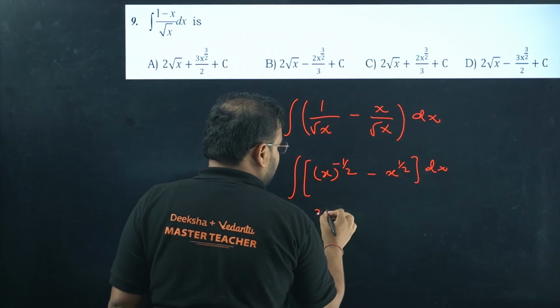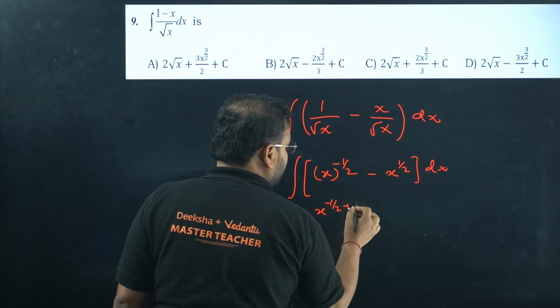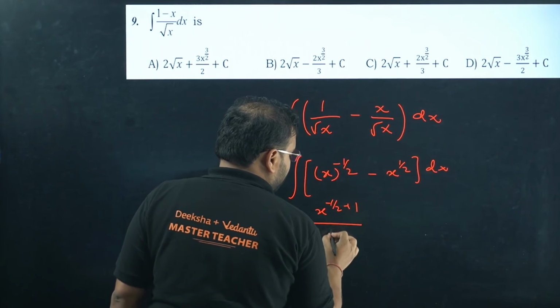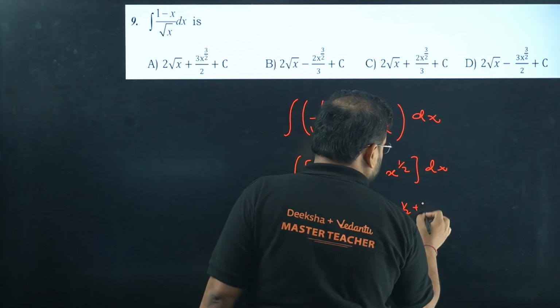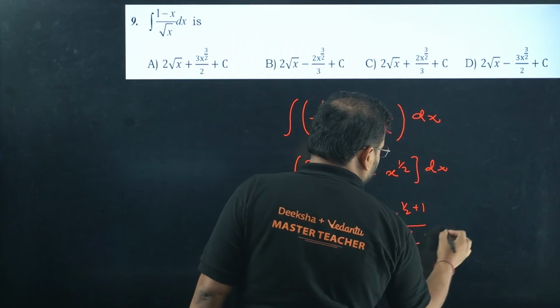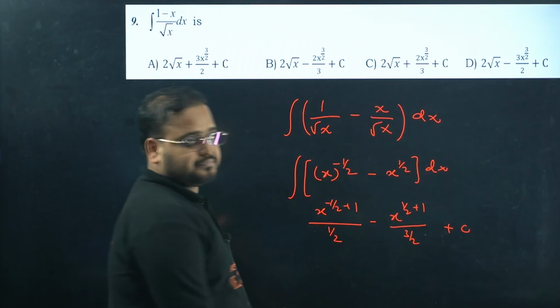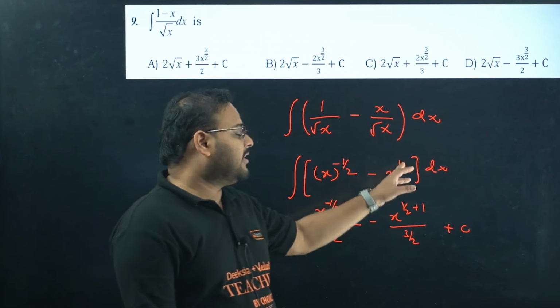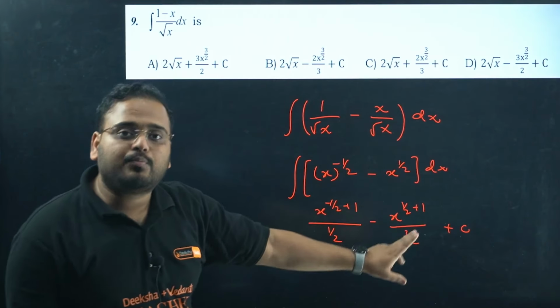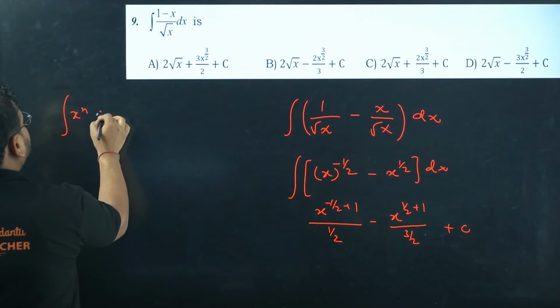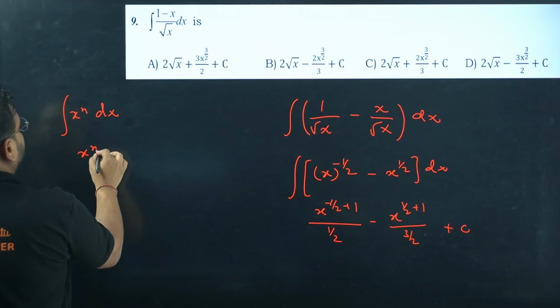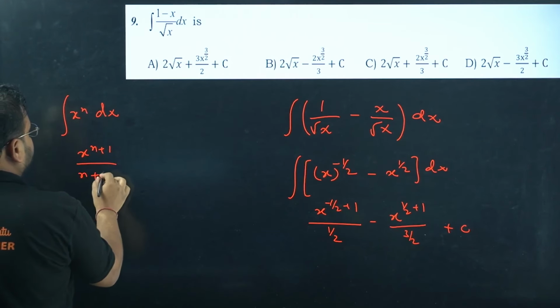You'll have over here x power minus 1 by 2 plus 1 divided by this will be again 1 by 2. Over here x power 1 by 2 plus 1, this will be what? 3 by 2. Of course plus a constant c. Whatever it is there, you're gonna add the power n to plus 1 will come. Remember this, x power n dx is x power n plus 1 upon n plus 1.